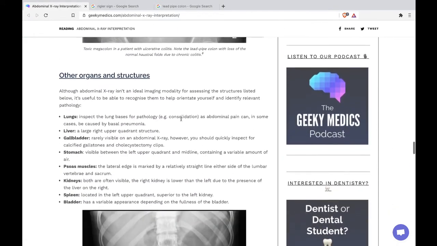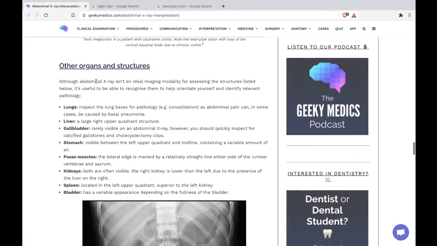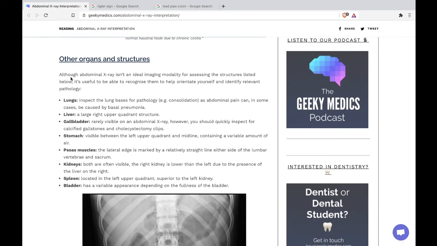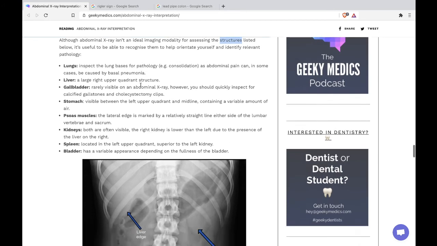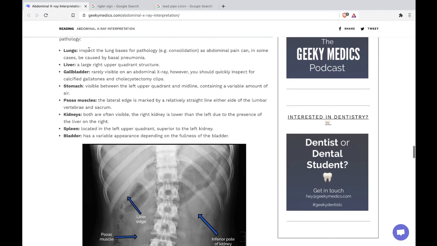Okay, other organs and structures. So we're done with the small and large bowels. Although abdominal X-ray isn't an ideal imaging modality for assessing the structures listed below, it is useful to be able to recognize them to help orientate yourself and identify relevant pathology. The lungs: inspect the lung bases for pathology, for example consolidation, as abdominal pain can in some cases be caused by basal pneumonia.